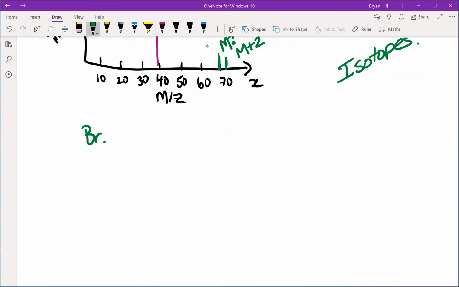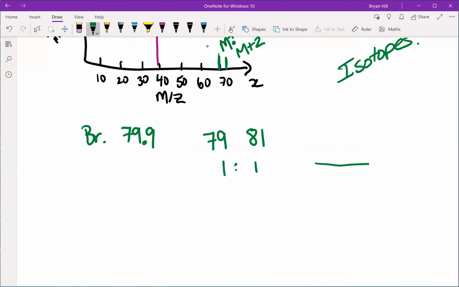If you look on a periodic table, the mass of bromine is 79.9 or something like this. So it has two isotopes. The light isotope is 79 and the heavy isotope is 81, and the average comes out to be just under 80, but the natural abundance of these two isotopes is essentially 1-to-1.